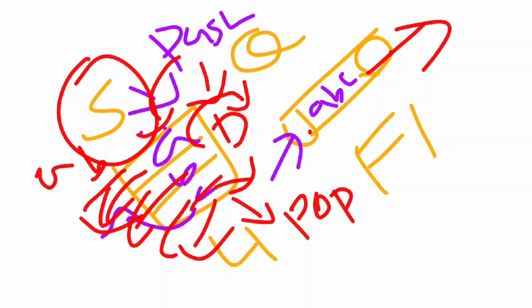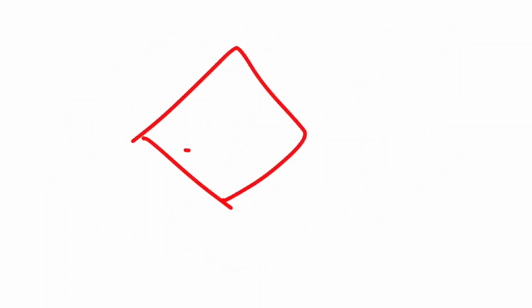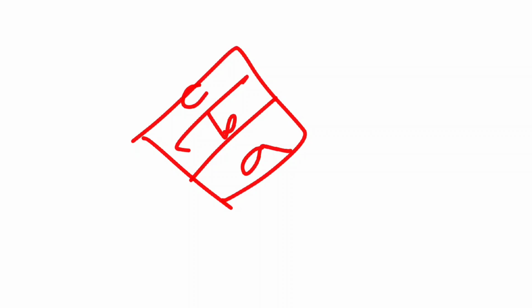So that is last in, first out. If I insert the first value, it is stored in the last position. For example here A, B, C, but right now I need this value. How can I take it? First we should remove B and then we should remove C, right? Yes.